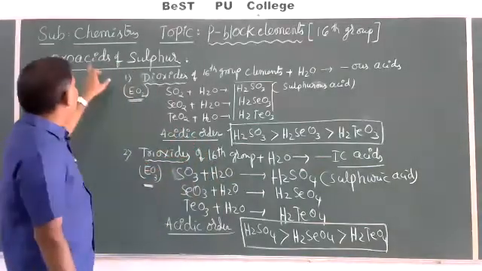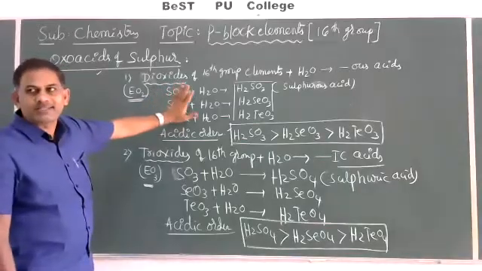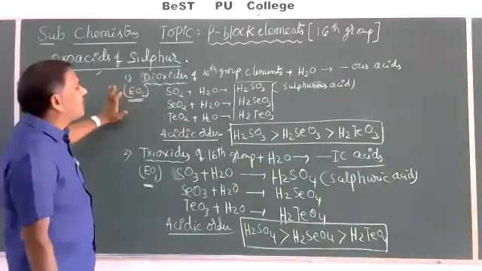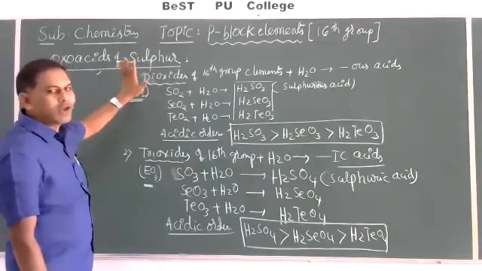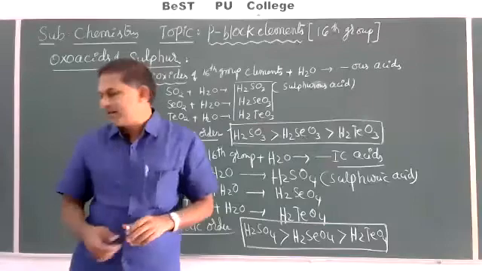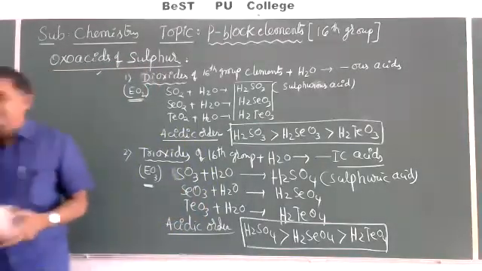After this introduction to ous acids and ic acids, one of the most important things is types of oxoacids of sulfur. Four important series are there.